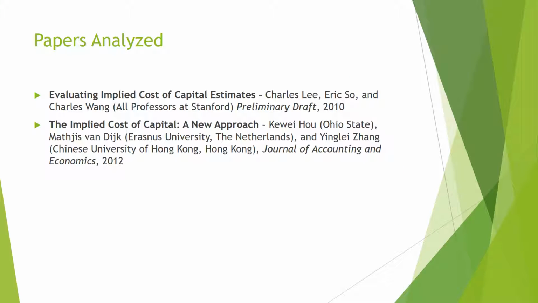I will be analyzing two different papers. The main one I'll be analyzing is Evaluating Implied Cost of Capital Estimates. This is the main paper I looked into, in which there are multiple ways to find an implied cost of capital. The researchers here analyzed all those different methods and tried to see which methods were the best.